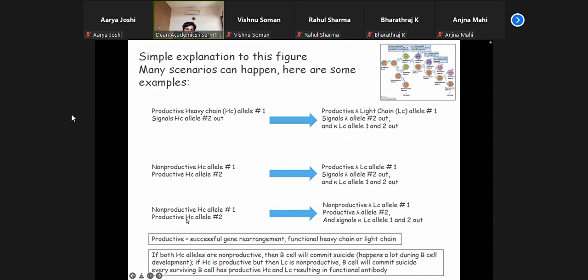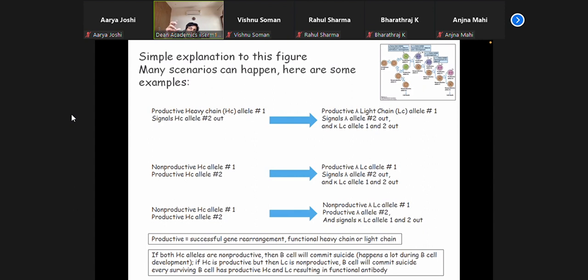you have a productive heavy chain on allele 2, but non-productive light chain on allele number 1. Then obviously you start with allele number 2 for lambda chain. And if you get a successful outcome here, you stop this process of rearrangement there, right? Now, how is this stop signal given, and this loop, right?